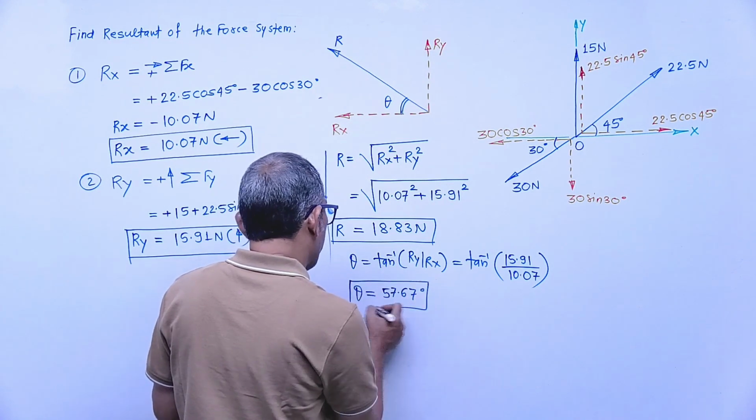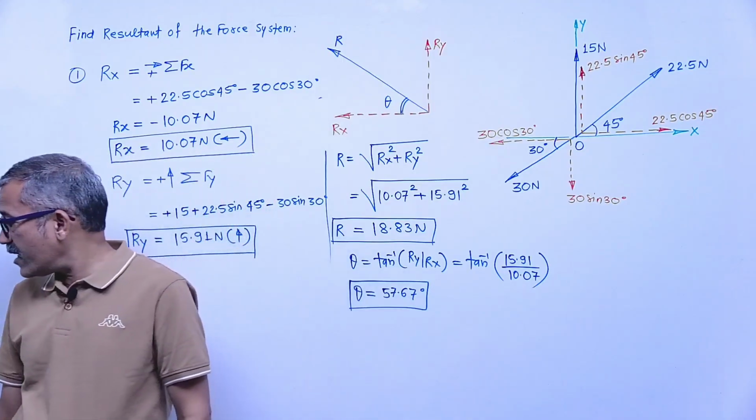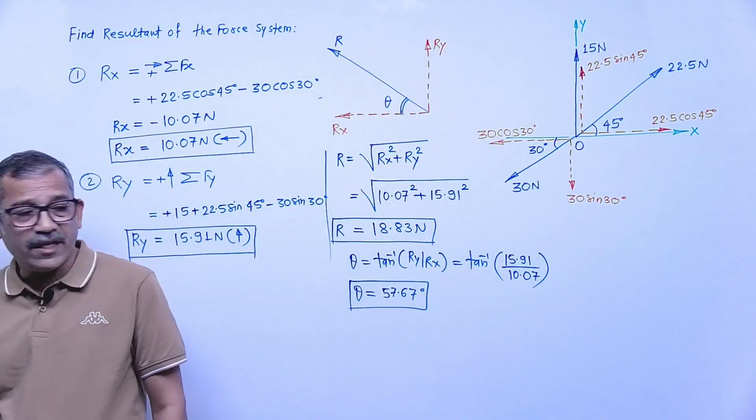So you are getting the magnitude of the resultant and its angle: 57.67 degrees and 18.83 Newton.